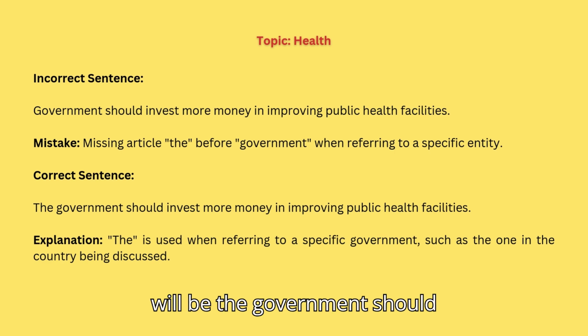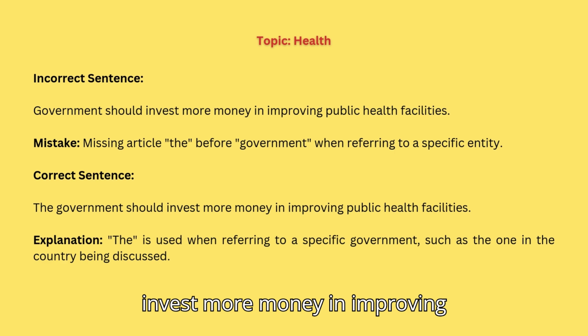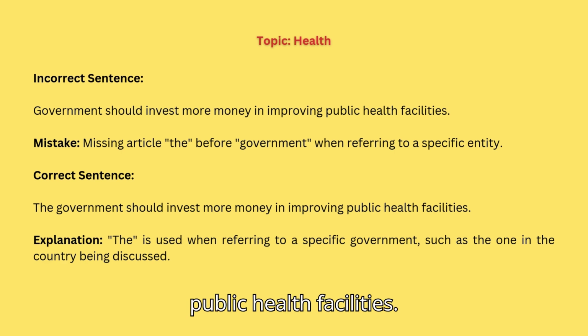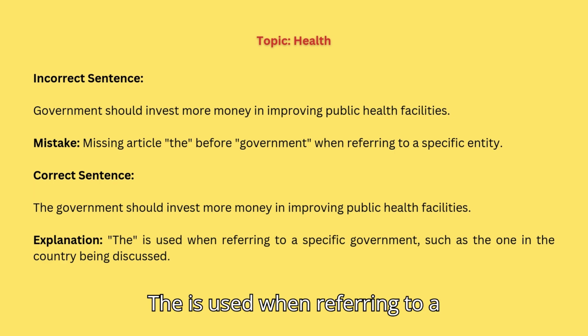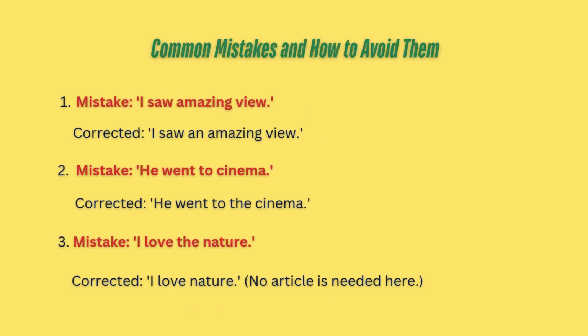Correct sentence will be: the government should invest more money in improving public health facilities. The is used when referring to a specific government, such as the one in the country being discussed.